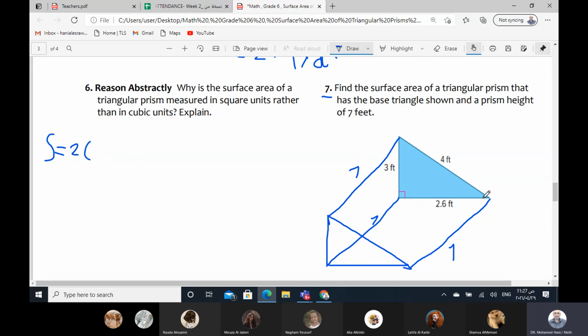The formula of the area of the triangle will be 1 over 2 multiplied by the base of the triangle, here 2.6, times the height, 3, plus we have here the bottom rectangle, so the area will be length times width, 7 times 2.6.